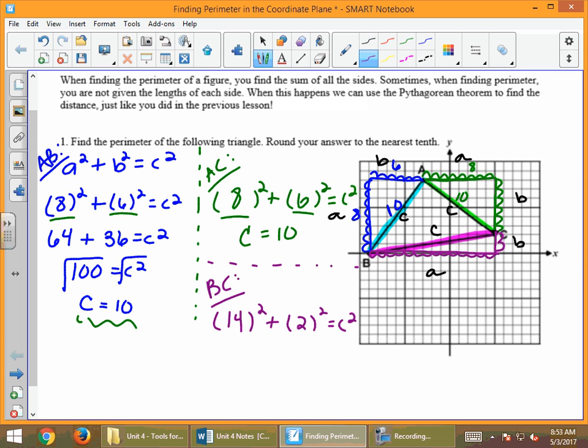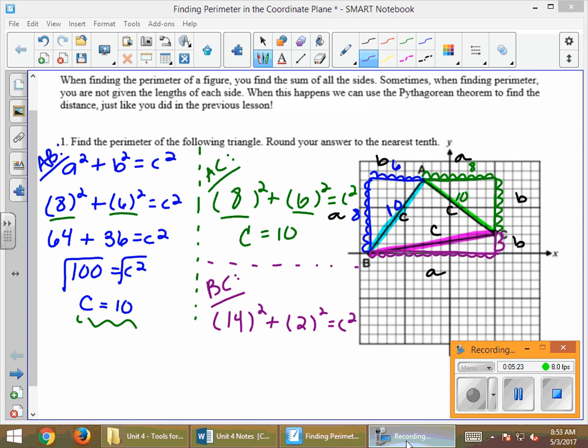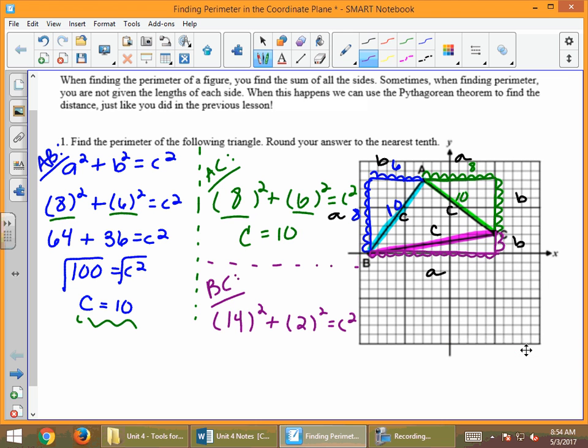we know that 14 squared is 196 plus 2 squared is 4.